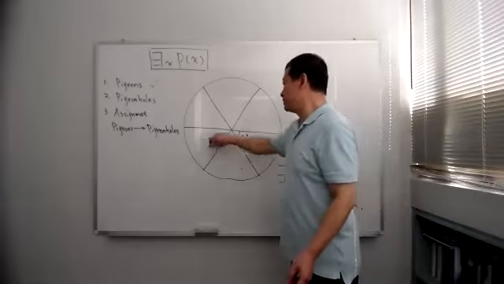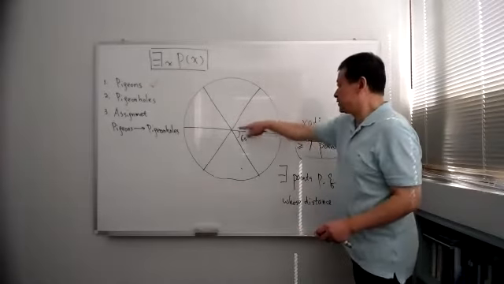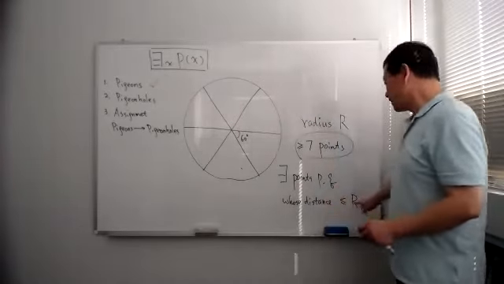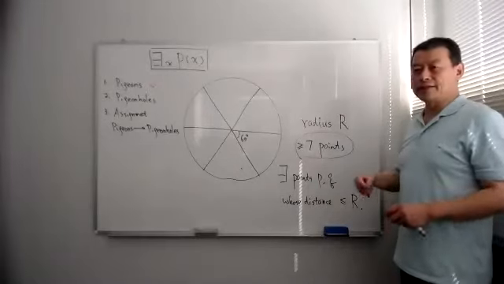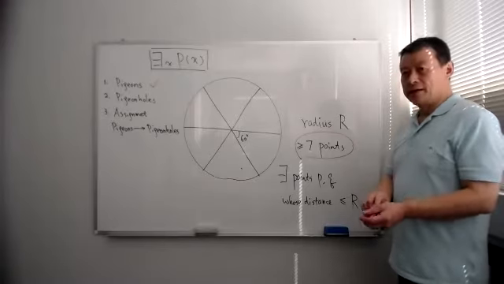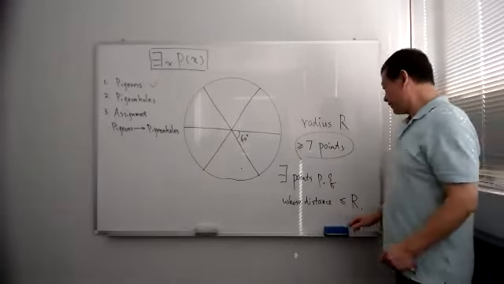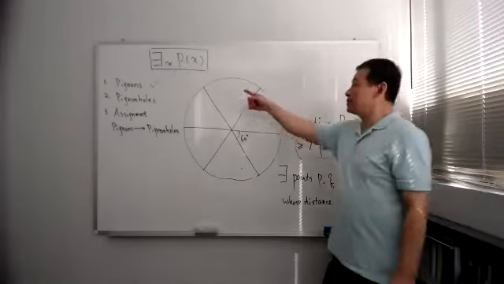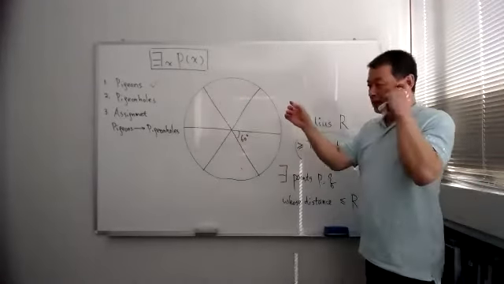Maybe we put points like this. For this section, these 2 have distance at most r. So that's a simple application of the pigeonhole principle. Here the structure S is 2 points.